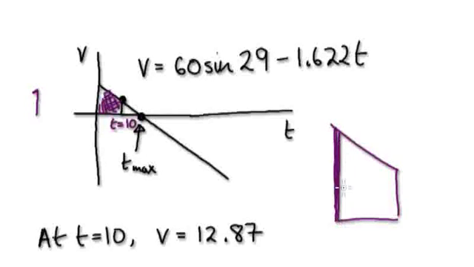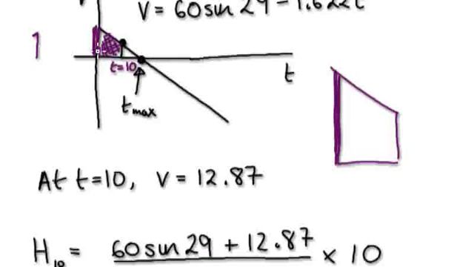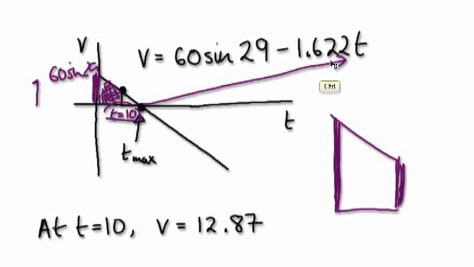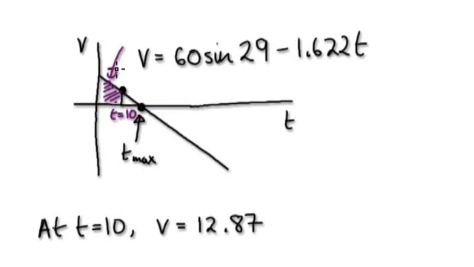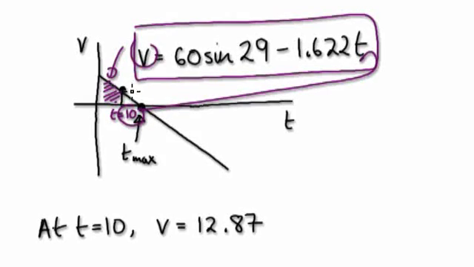So we're just going to get this height here, which is the initial speed, which is 60 sin 29. And then this bit here: let's put 10 into this equation, because this line is given by this equation. If you put 10 into this t here, this v would represent the height right here.